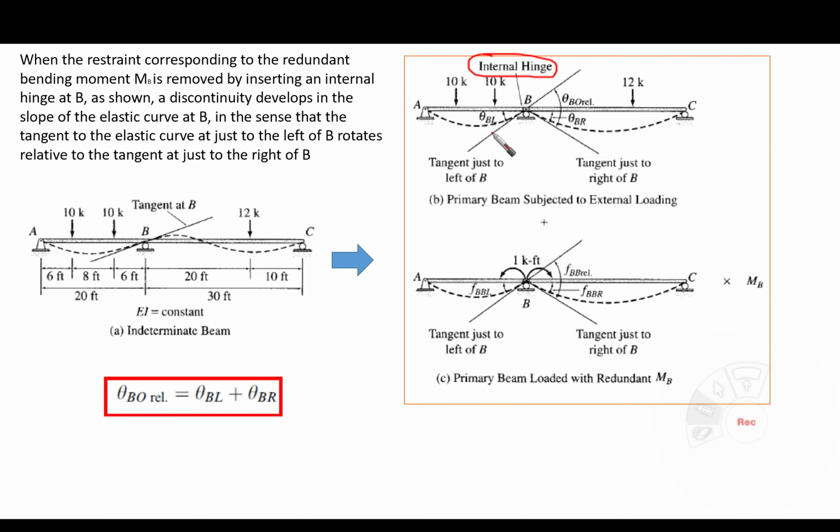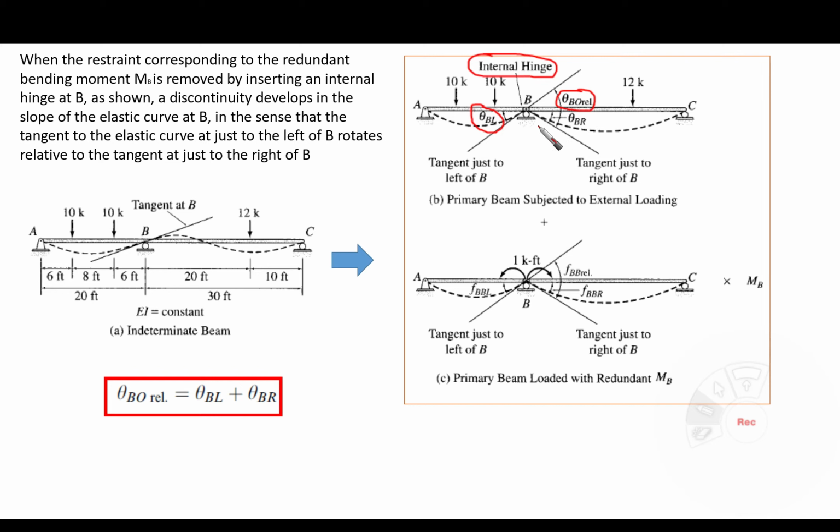The slope before and after point B is going to be different. We are going to indicate the slope before point B as theta BL, which means left, and on the right the slope is going to be theta BR, indicating the right slope. Both of them, theta BL plus theta BR, make what we call theta BO, or node relative.